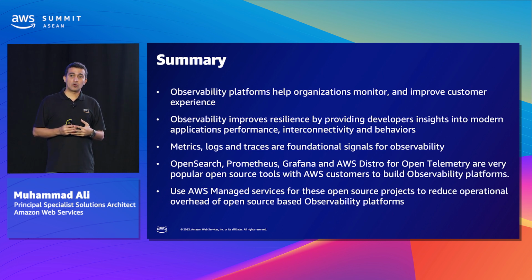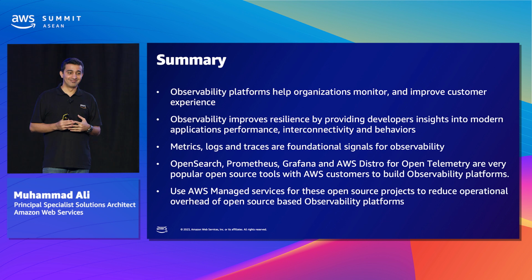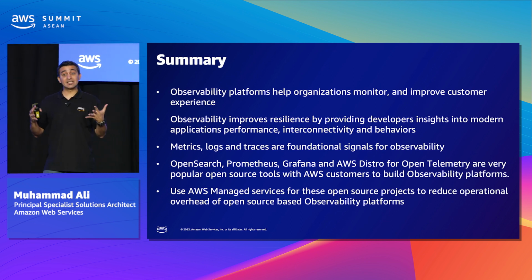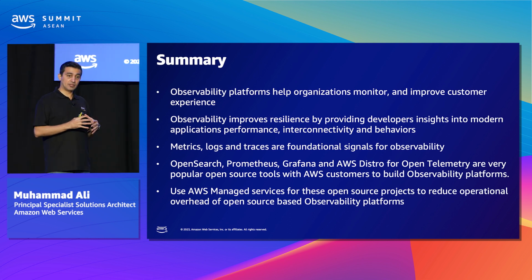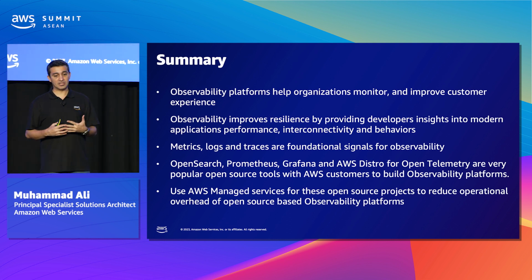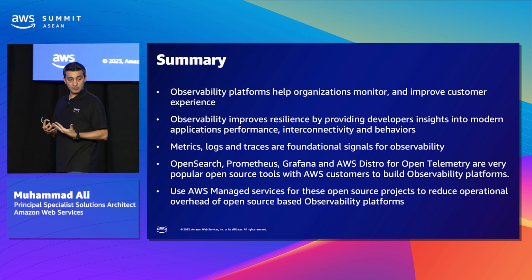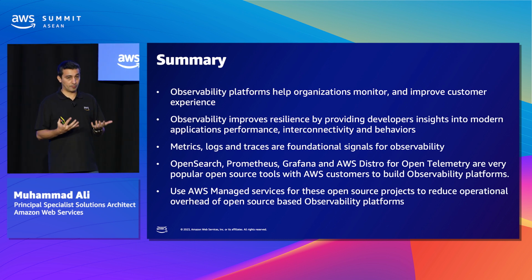We're good to go back to the slide mode. Perfect. Awesome. So that is the promise of observability, having you do all of these things much faster than you used to. Now, as I said, metrics, logs, and traces are foundational signals that will help you build that robust system.